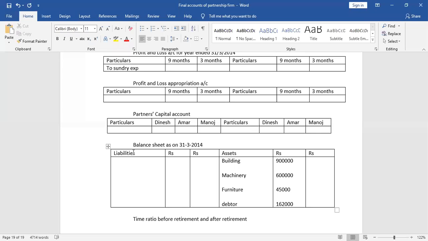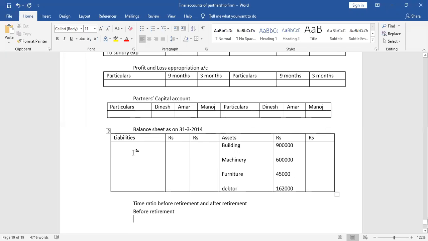Here, before retirement, how many months? From April to December. How many months? We have already counted. It is 9 months.